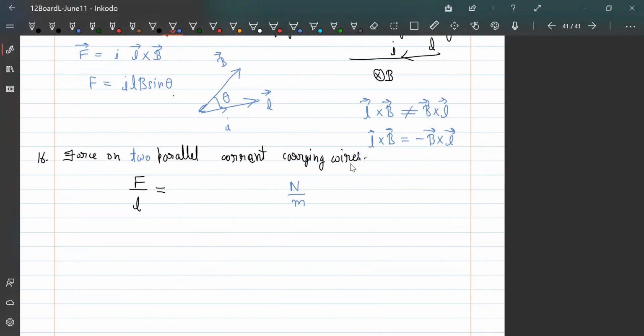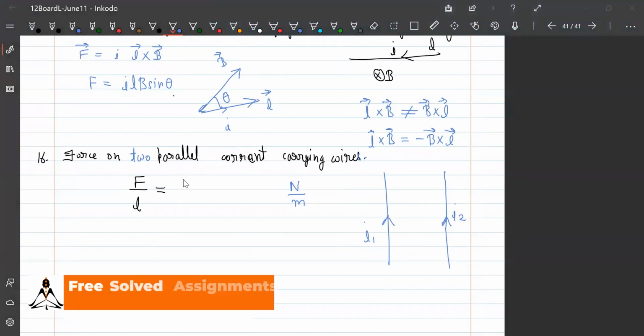Sir, will it be 2 ILB sin theta? नहीं, एक वायर की वजह से दूसरे वायर के आसपास कितना मैग्नेटिक फील्ड आ रहा है पहले वो निकालते हैं। फिर यहाँ पे जो मैग्नेटिक फील्ड है वो ILB में पुट करते हैं एंड देन वी गेट दिस रिजल्ट। mu naught I, yeah, that's right.